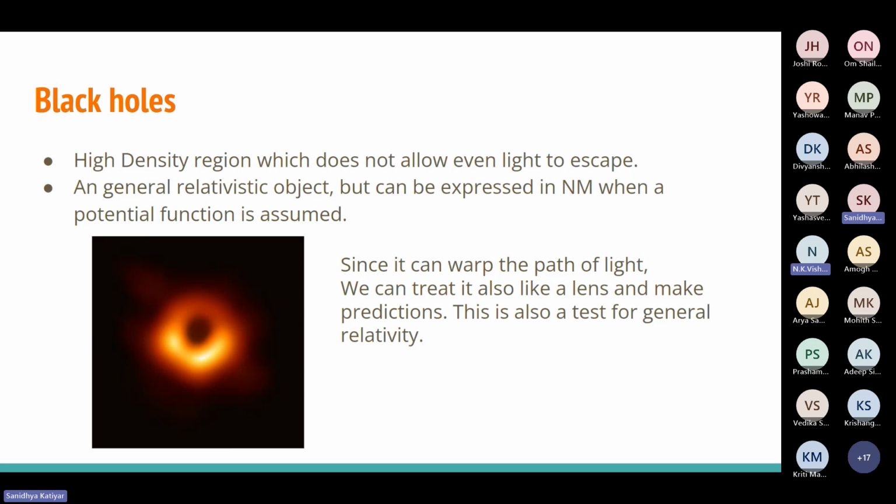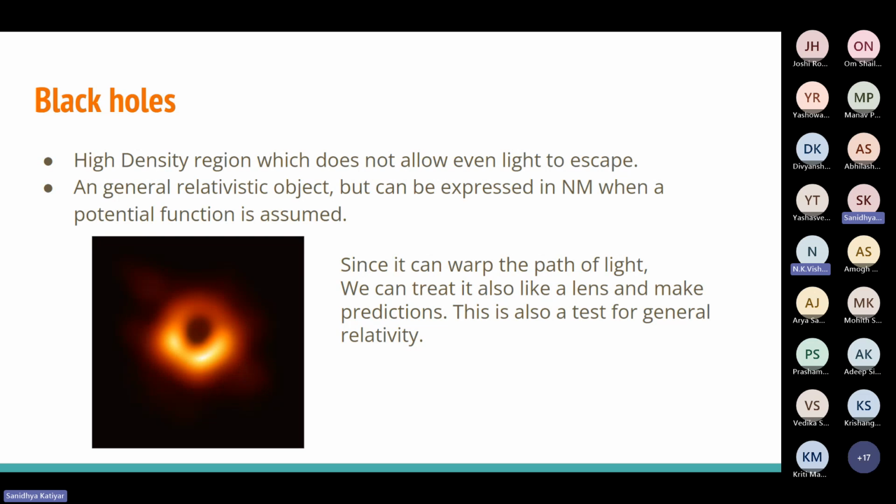So this is predicted by not Newtonian mechanics, but actually general relativity. But we can express this in Newtonian mechanics if we assume something known as a potential function. A potential function basically takes as input any point in space and gives out a gravitational potential value.